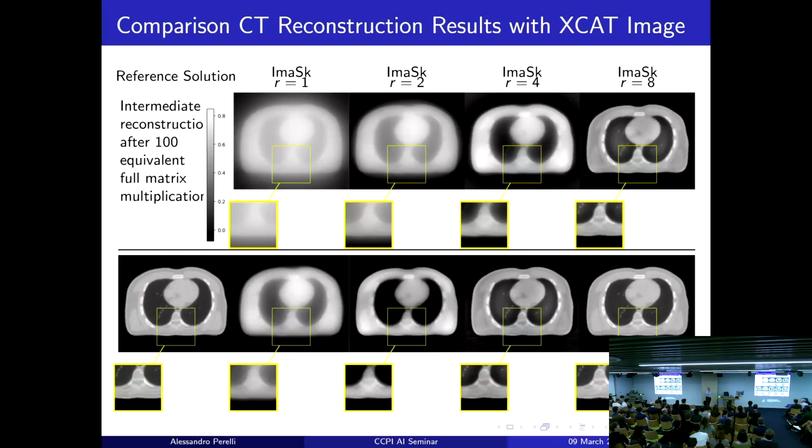So if you fix a time budget, this would be the achievable accuracy that you get using a different number of sketches.